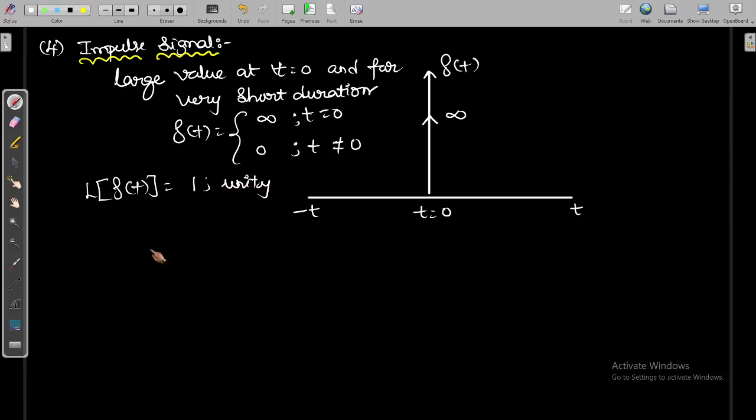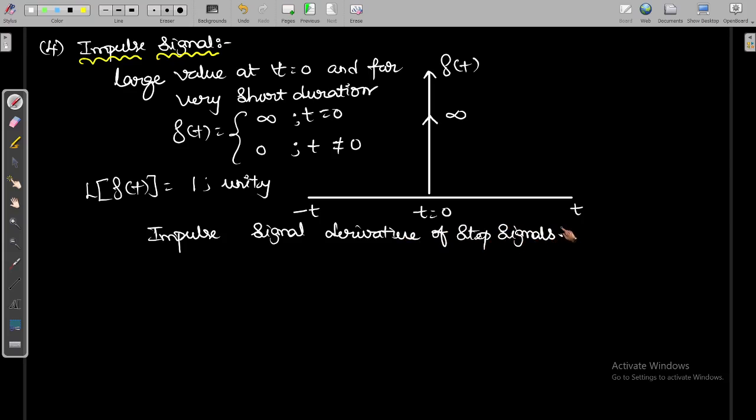Another important piece of information is that the impulse signal is the derivative of the step signal. So these are the different types of signals which we are going to use for control system testing.